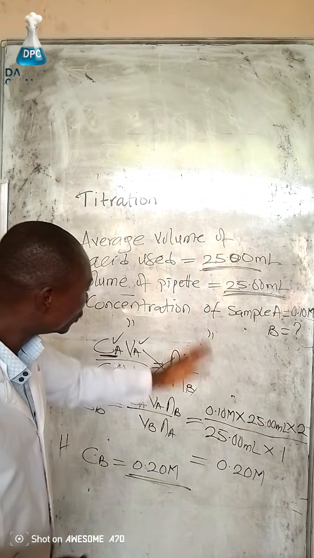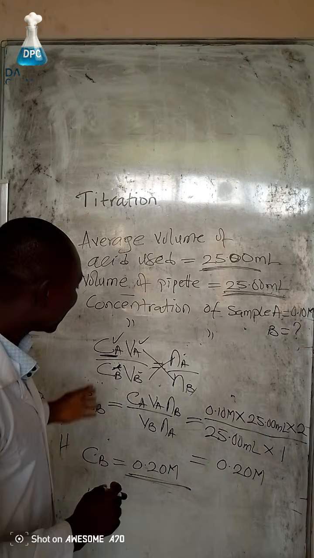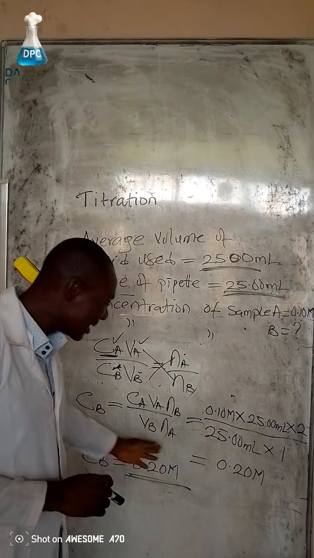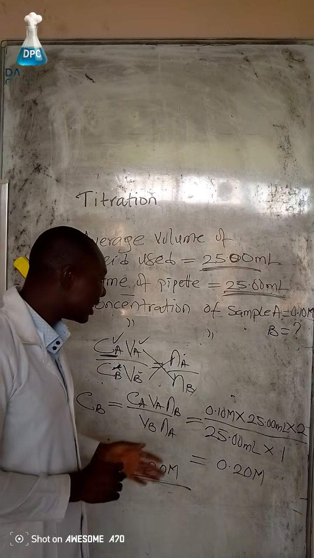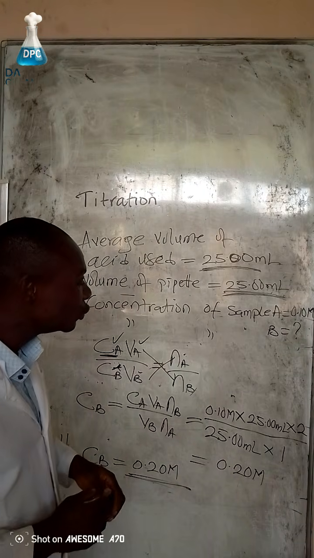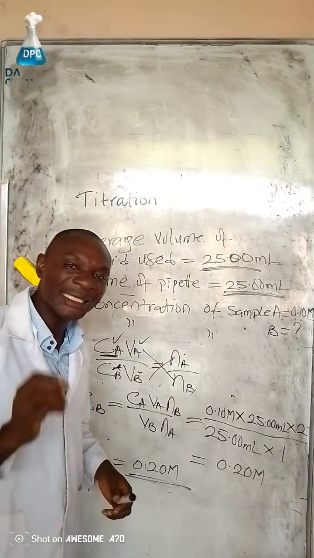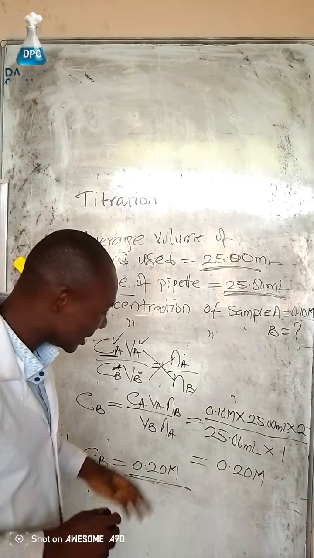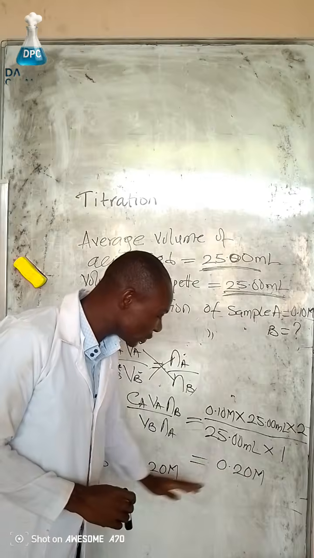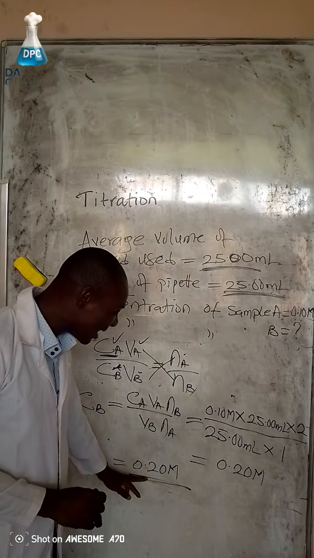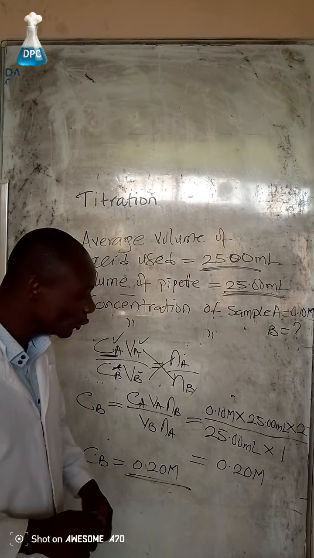Now, having noted this, I think we can summarize this calculation by letting you know that unit indications are very, very important. The unit must be carried along in the calculations and then arrive at the right unit.